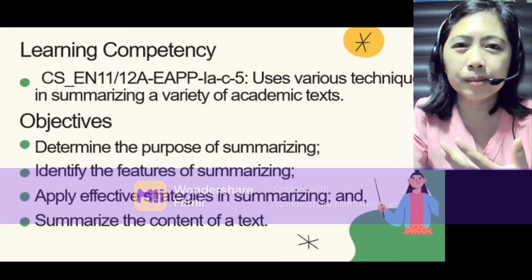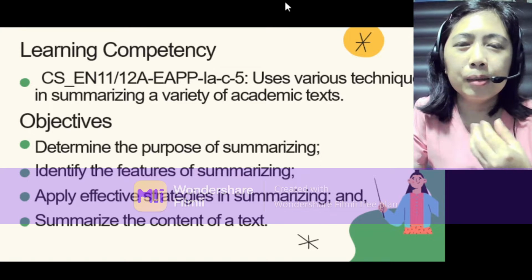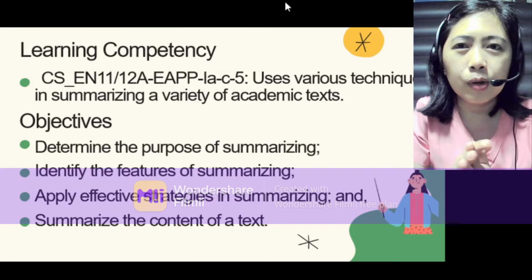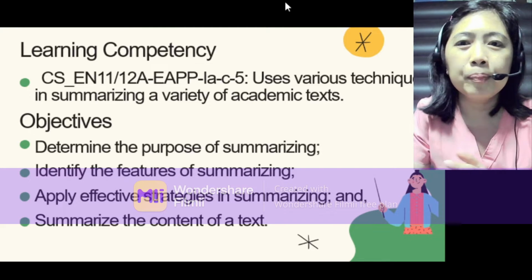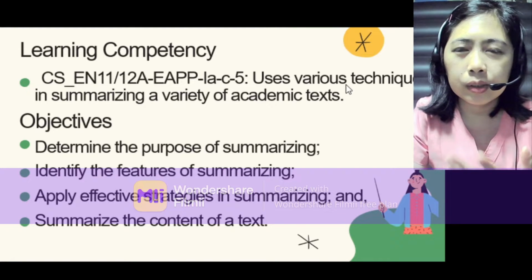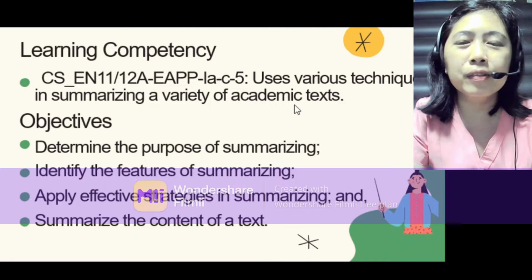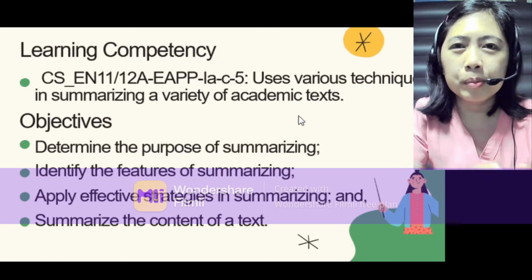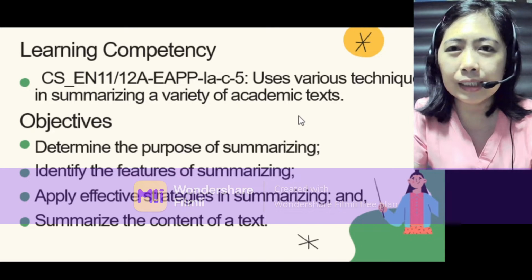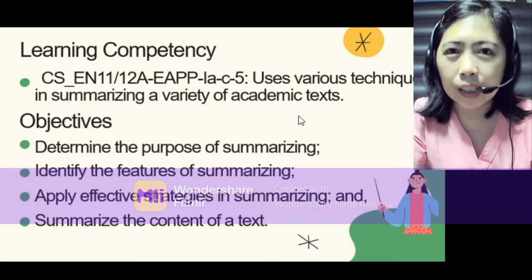Sa learning competency, ang atong makatunan aning module kay we can use various techniques in summarizing a variety of academic text. From the previous modules, ang atong nakatunan nga academic text are those text nga ginabuhat sa usa ka estudyante.